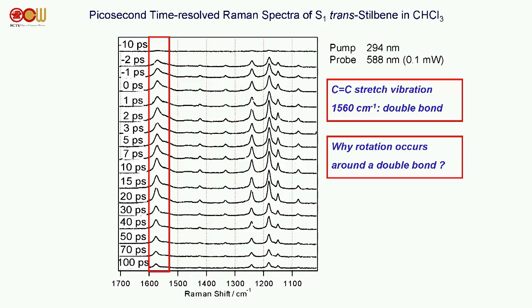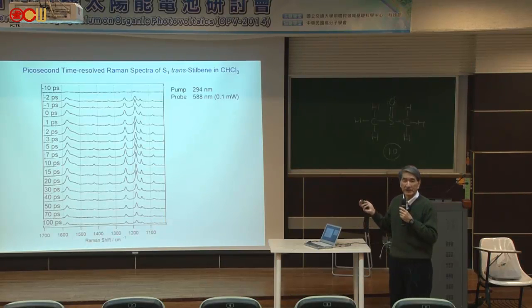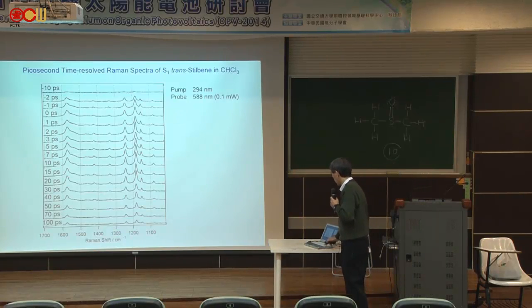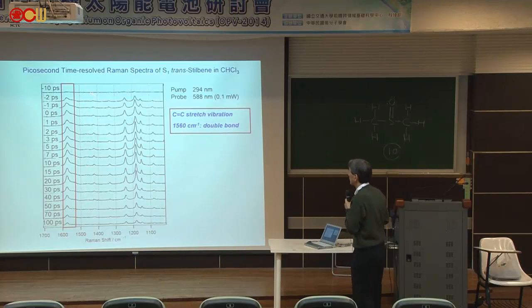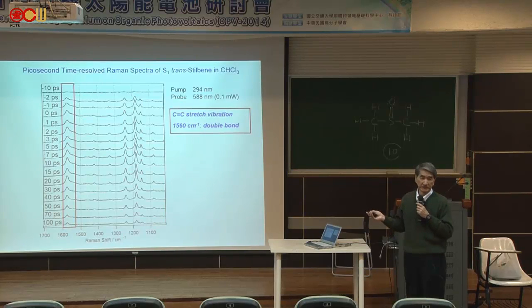So this is the result. We use the 294 pump and 585 for probing, and this spectrum resembles very much what I showed previously, 10 years back. And again, we found that the CC stretch vibration is around 1560. So it's a double bond, definitely.